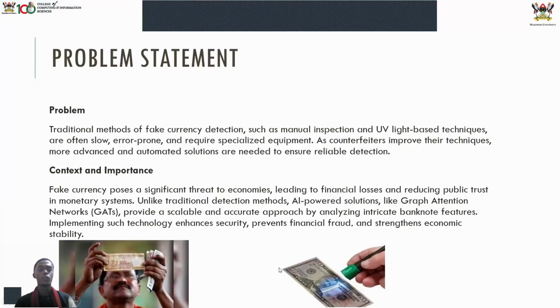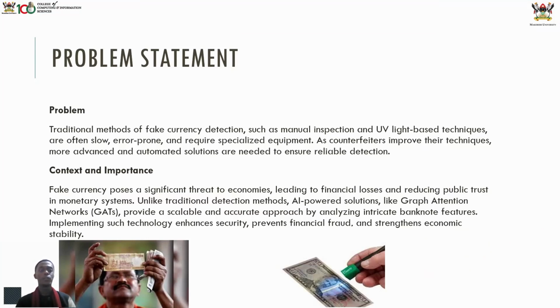So, as we all know, fake currency has proved to be a menace to most economies, and the methods devised, which included traditional methods such as money inspection and UV light-based techniques, have proved to be slow, error-prone, and some of them require specialized equipment.